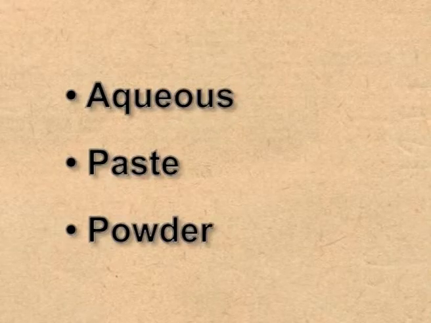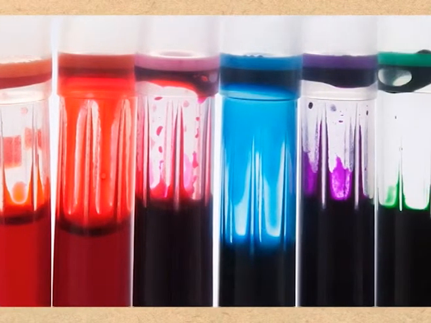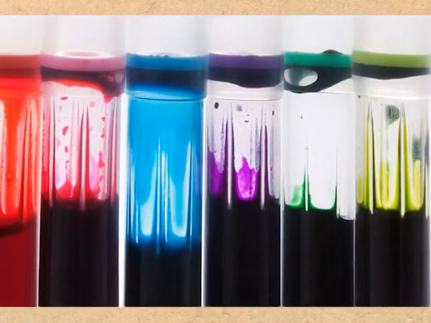Inks generally fall into three classes: aqueous, paste and powder. The liquid that carries the colorant, water, is referred to as aqueous ink. Water-based inks come in two varieties, that is dye and pigment. Dye ink is dissolved in water as a colorant and is best in use.